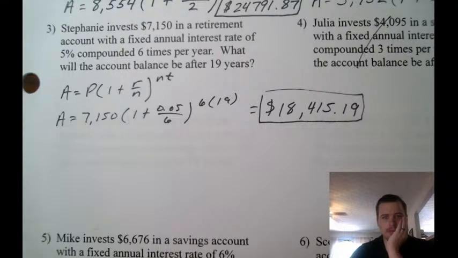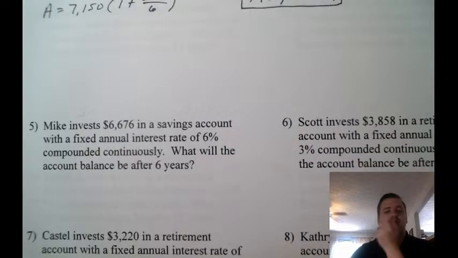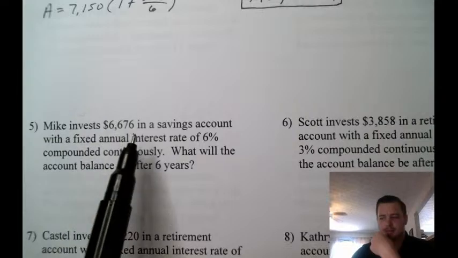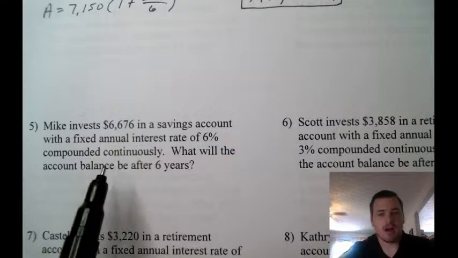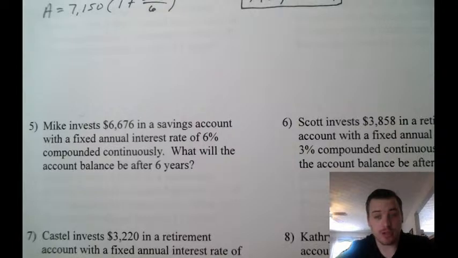Notice this says, Mike invests $6,676 in a savings account with a fixed annual interest rate of 6%, compounded continuously. So, if you think about it, the more compounding an account gives you in a year, the better it is for you, right?